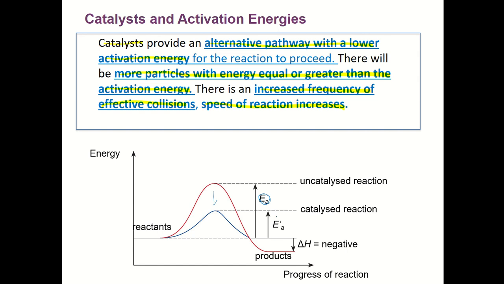So you will have more particles that will have energy equal to or greater than activation energy, so that the frequency of effective collision can be increased and speed of reaction can increase. So please know how to draw this diagram. How do you draw the energy profile diagram of an uncatalyzed reaction versus a catalyzed reaction? Basically the height of the activation energy is going to be different.